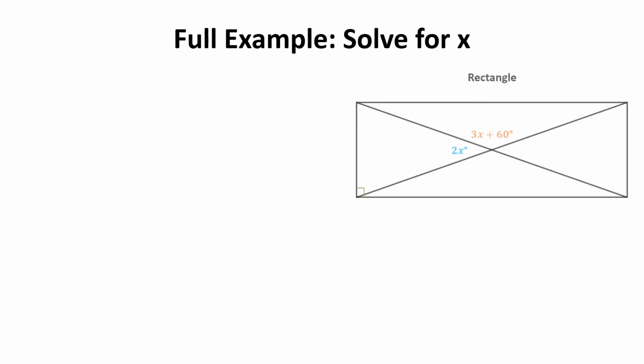Let's see a full example where we solve for x in a novel situation, such as in a rectangle. Here we have these two angles, 2x and 3x plus 60, and they form some kind of angle pair, and we want to solve for x. So let's start by first recognizing which angle pair we're dealing with here. And we'll notice that since these angles form a line, these angles form a linear pair.